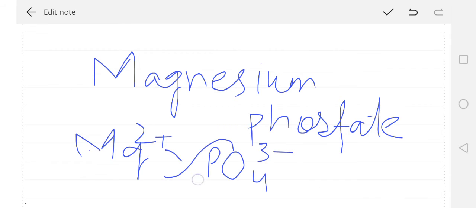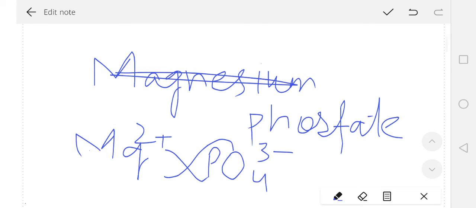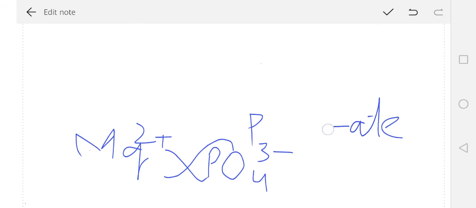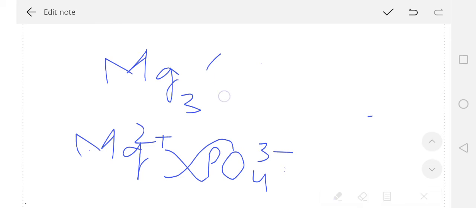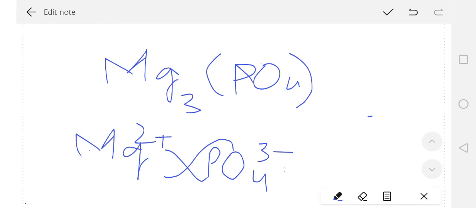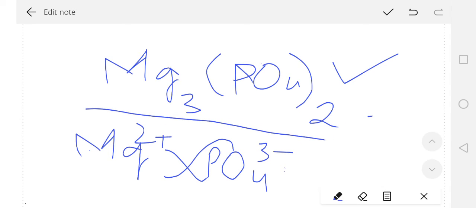Simply cross it, and its formula becomes: these 3 you write here because they are different charges, and phosphate becomes here. So this is the formula of magnesium phosphate.